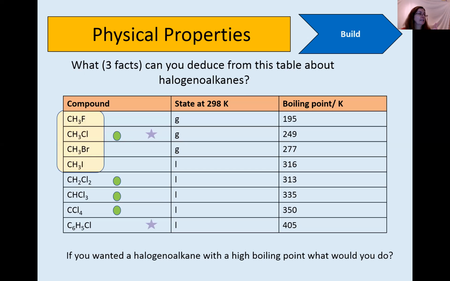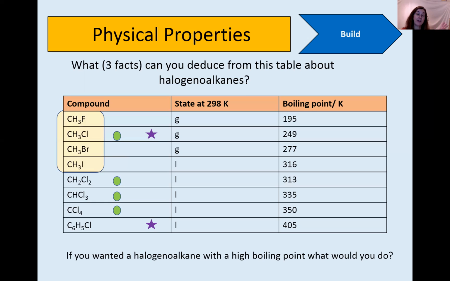Okay, and the third fact then. So if we look at the single chlorine species, we've got chloromethane and we've got chlorobenzene. That's what the bottom one is, benzene. And you can see that the boiling point will increase as the mass of the compound increases. So whilst we've kept the chlorine the same, we've got 1, we've changed that group on the side.